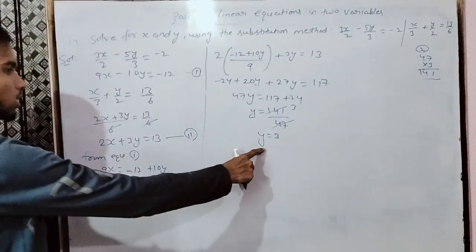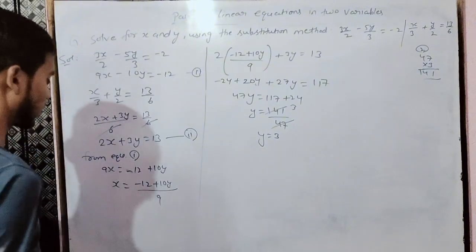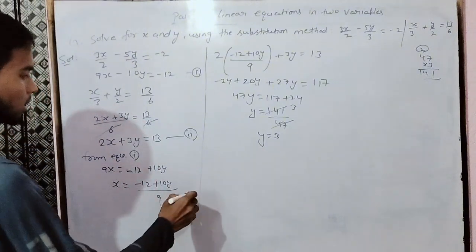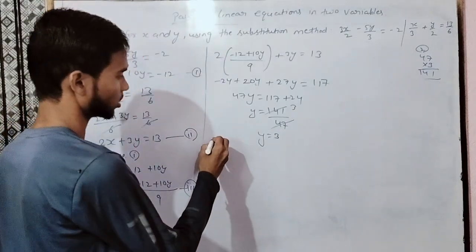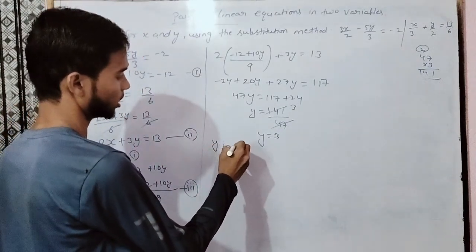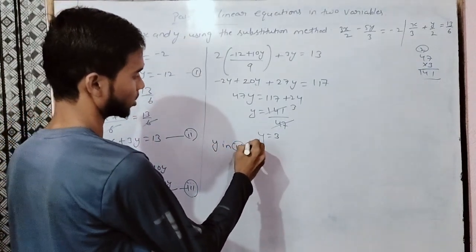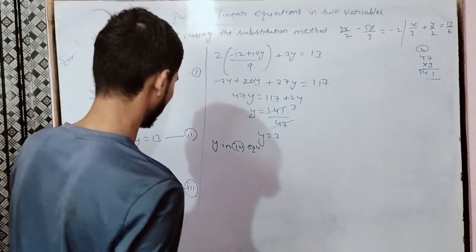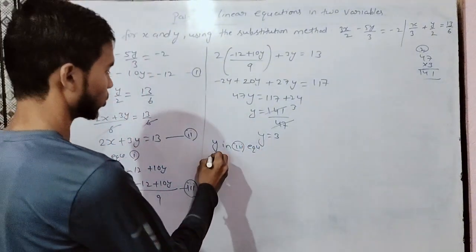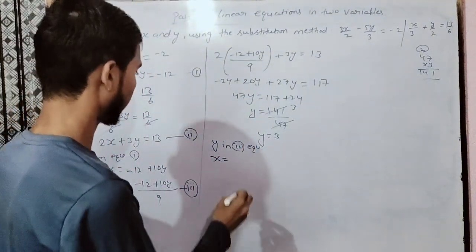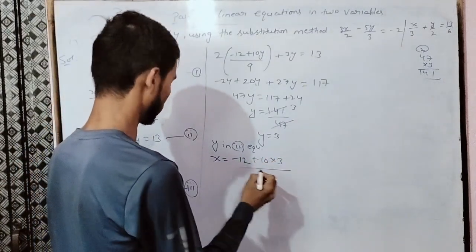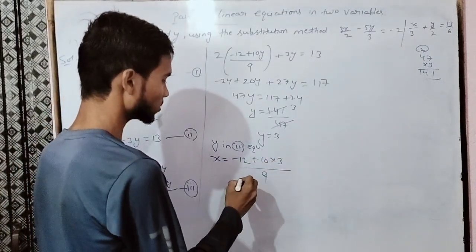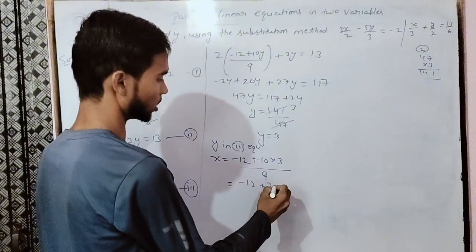Now we will substitute the value of y in the third equation. So x is minus 12 plus 10 multiplied by 3 upon 9, minus 12 plus 30 upon 9.